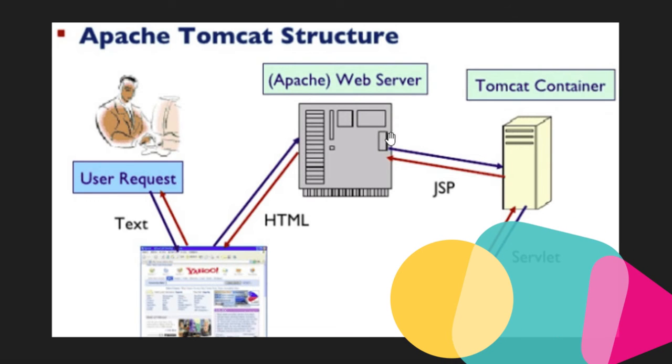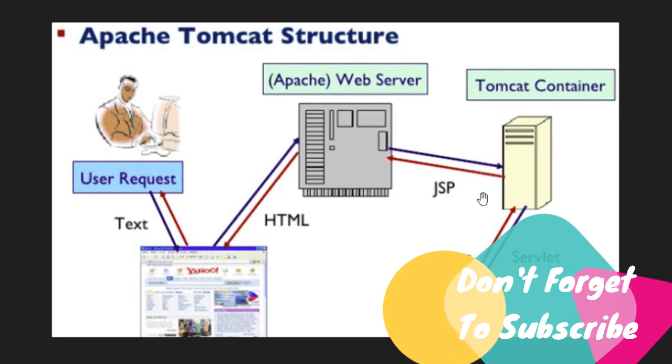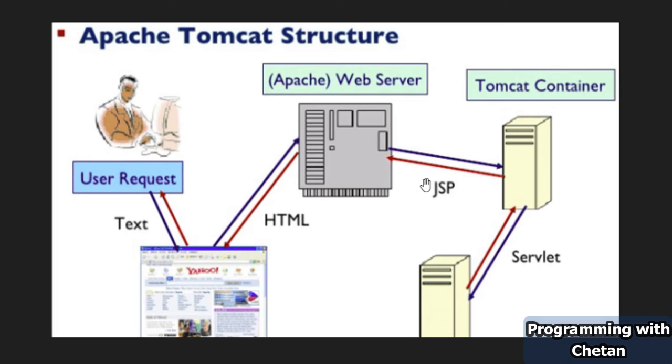Okay, now as we already know, our server contains a servlet container, or we can also say it is a web container or Tomcat container, which will process the JSP request or the servlet request. JSP is also internally converted into servlets, right? I hope that you have a better understanding of that.